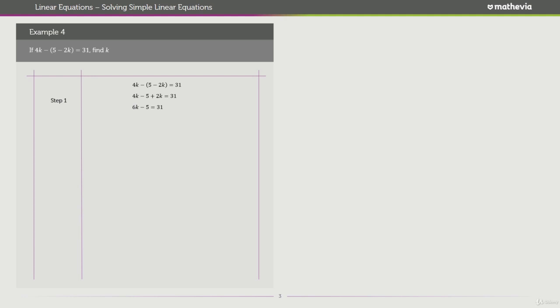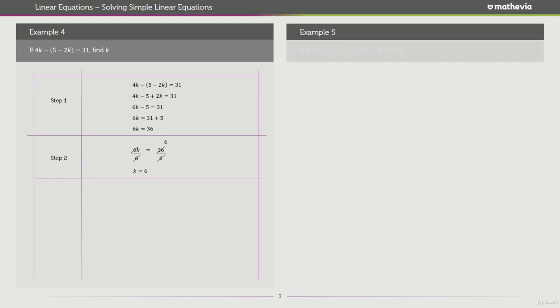We have 4k plus 2k, make that 6k minus 5 equals 31, and then we're going to move minus 5 over to the right, and we have 6k equals 31 plus 5, and that gives 6k equals 36. Now we simply divide both sides by 6, and we end up with k equals 6.